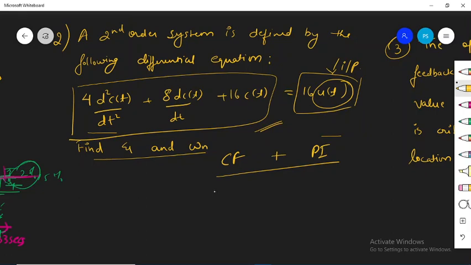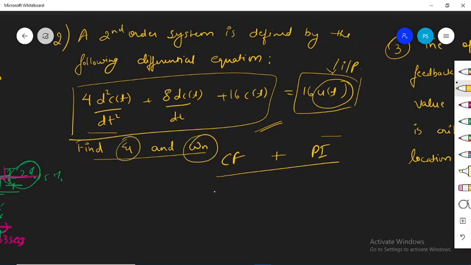You can go by that approach also, but as we are dealing with control systems, here we generally take Laplace only.